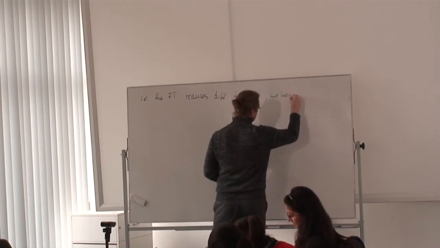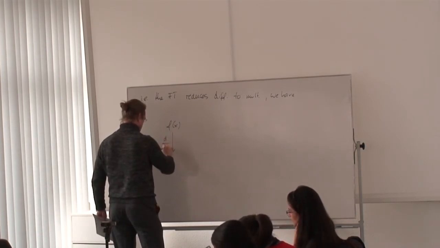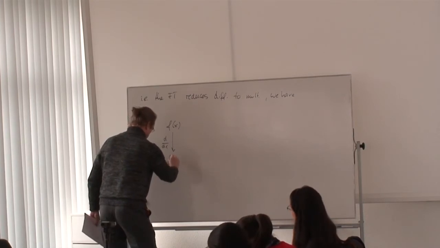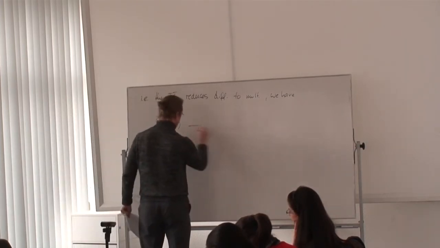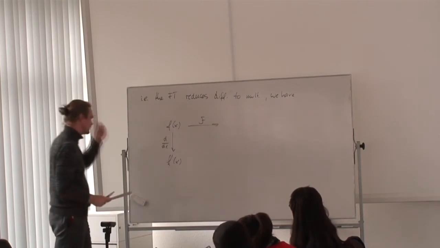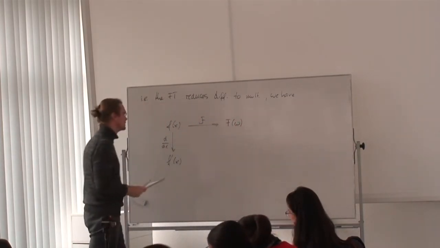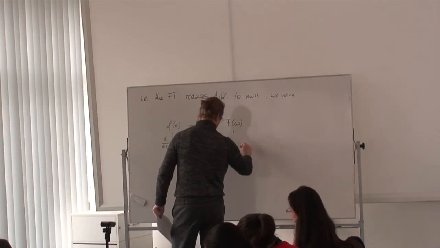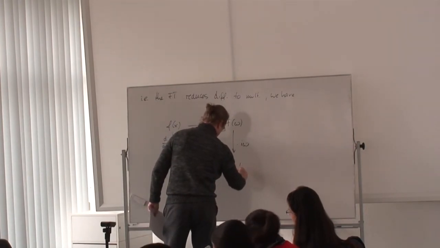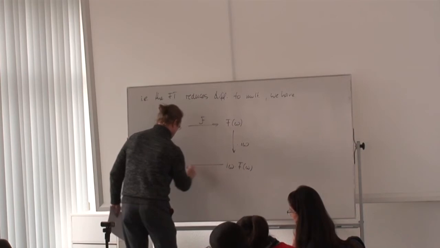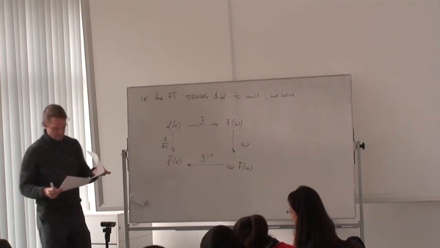If we're given a function f of x and we want to compute its derivative to obtain f prime of x, we can do this directly, or we may compute the Fourier transform of this function, and we would obtain capital F of omega, which we may multiply by a factor of I omega to obtain I omega times F of omega, and if we back transform that, we get the derivative of f of x.